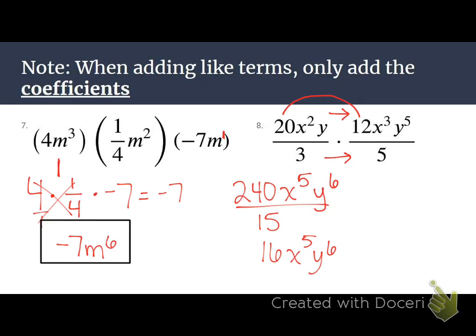No, because x and y are not the same kind of letter, variable, base. If you don't have the same base, then there's nothing to do with them. Only combine their exponents if you're multiplying the same base or the same variable.